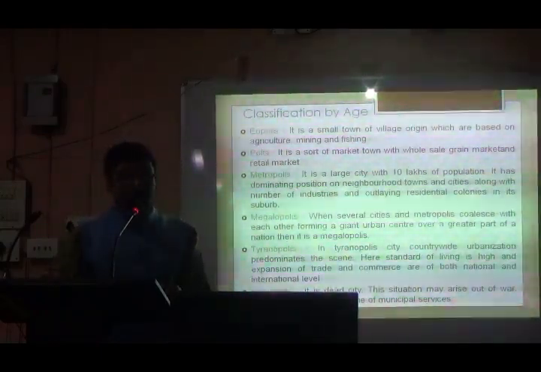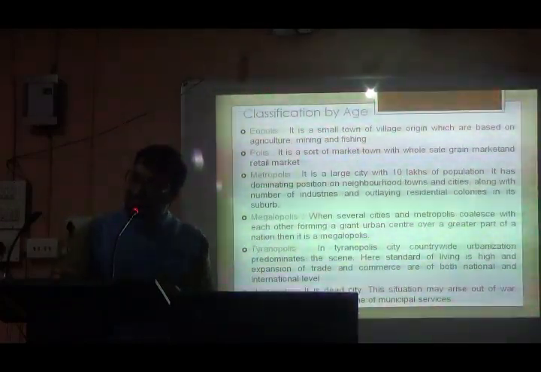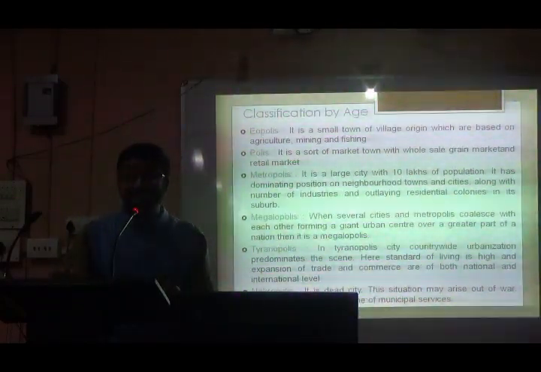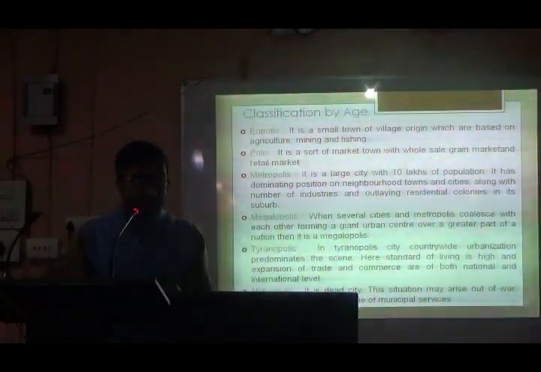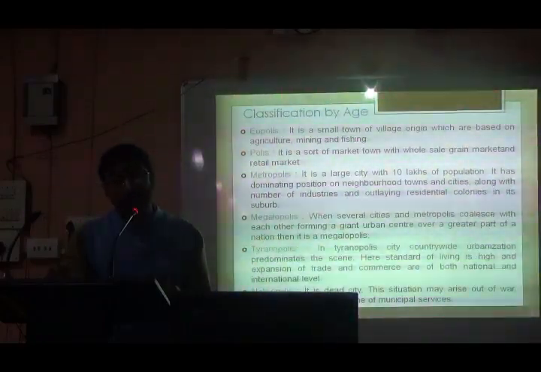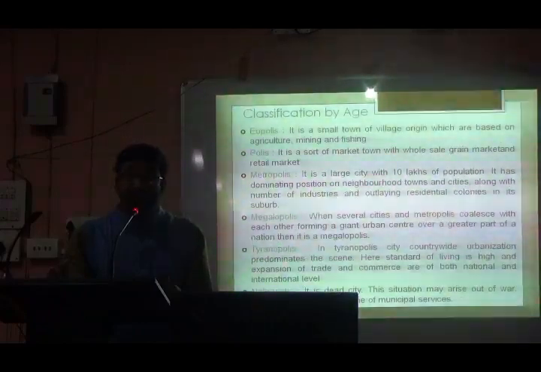According to this view, he identified cities like Eopolis. It's a neonatal phase of urban development. Then comes the polis. It's a kind of market town. Metropolis has a population of more than 10 lakhs.